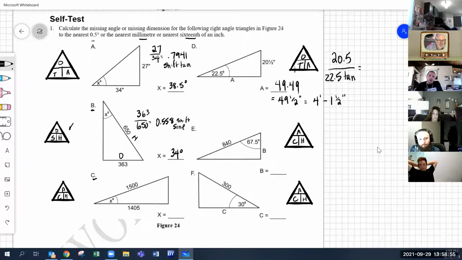We're going to do C next down here. And our variables are the hypotenuse and the side adjacent. So we're going to use CAH as our formula. And it says take your side adjacent and divide it by your hypotenuse.